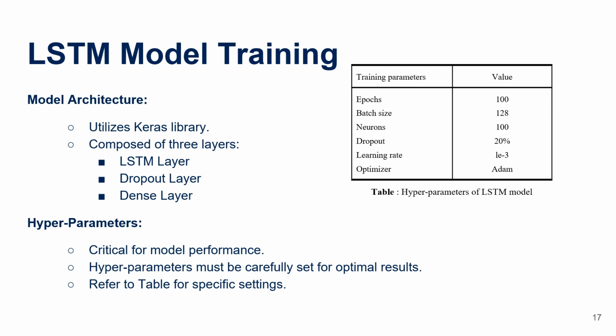And to yield a better performance, the hyperparameter settings of the model must be carefully considered. This table shows the hyperparameters of the LSTM model. Due to space constraints, we will not discuss the details of the parameter settings.